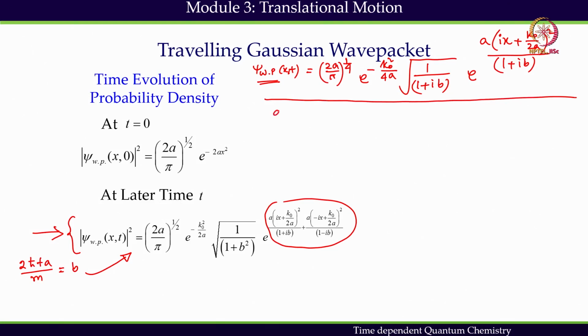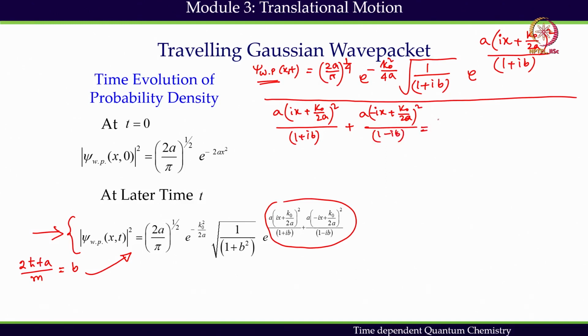This a (ix plus k naught by 2a) whole square by 1 plus ib plus a (minus ix plus k naught by 2a) whole square by 1 minus ib. This will be simplified as follows.